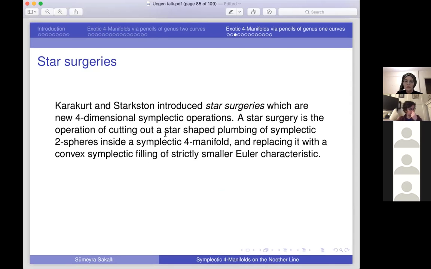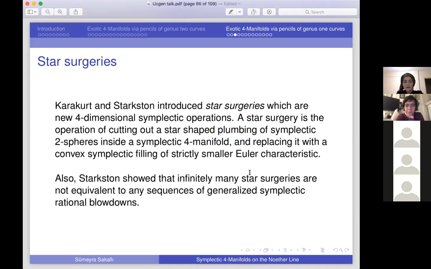So you start with a star-shaped plumbing of symplectic 2-dimensional spheres lying inside a symplectic 4-manifold. And then you replace that with another 4-manifold. It is what we call a convex symplectic filling, and its Euler characteristic is strictly smaller. So at the end of the day, when you do such an operation, you are getting smaller 4-manifolds.